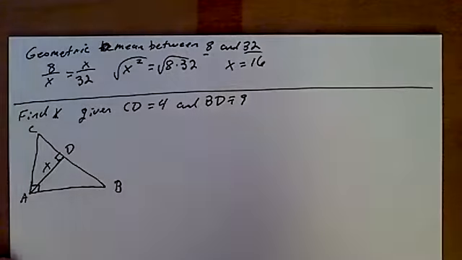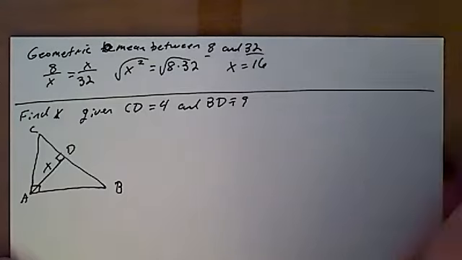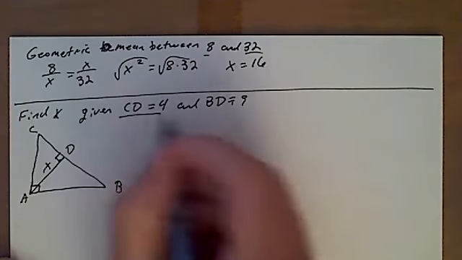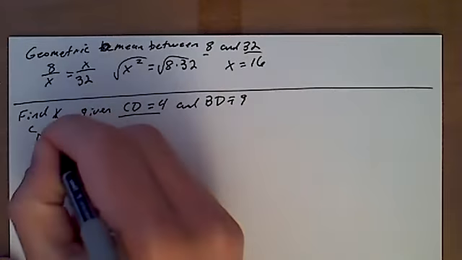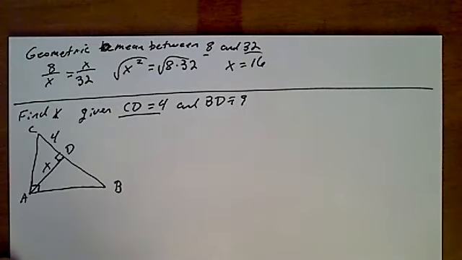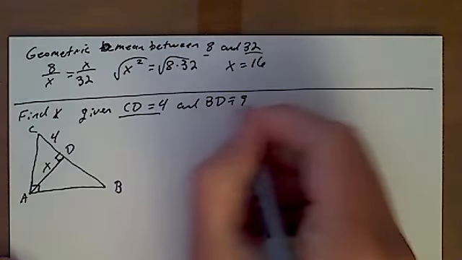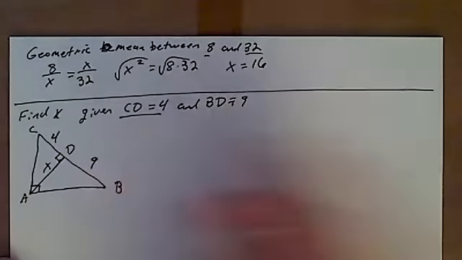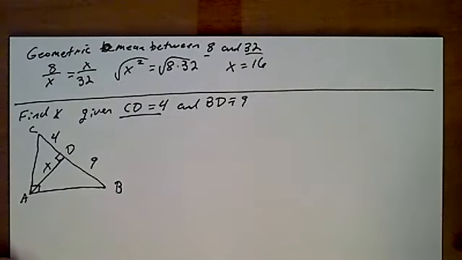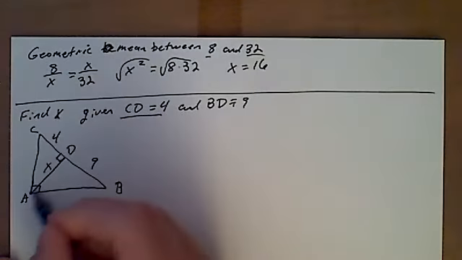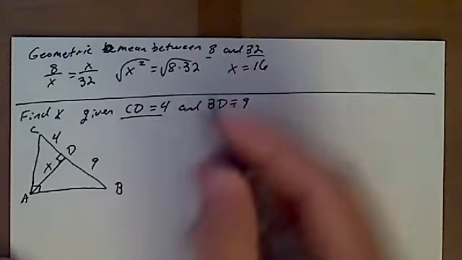So what you should be seeing when you do this problem is it is telling you that CD is 4, right? BD is 9, so the length here is 9. Then we're using the geometric mean altitude theorem because x is an altitude.